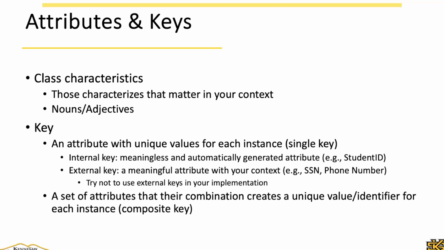So how you design the database and the context in which you are working will determine the attributes and characteristics that each class will have. Typically, nouns and adjectives in business rules and processes will refer to the characteristics and attributes that you need to record for each class.